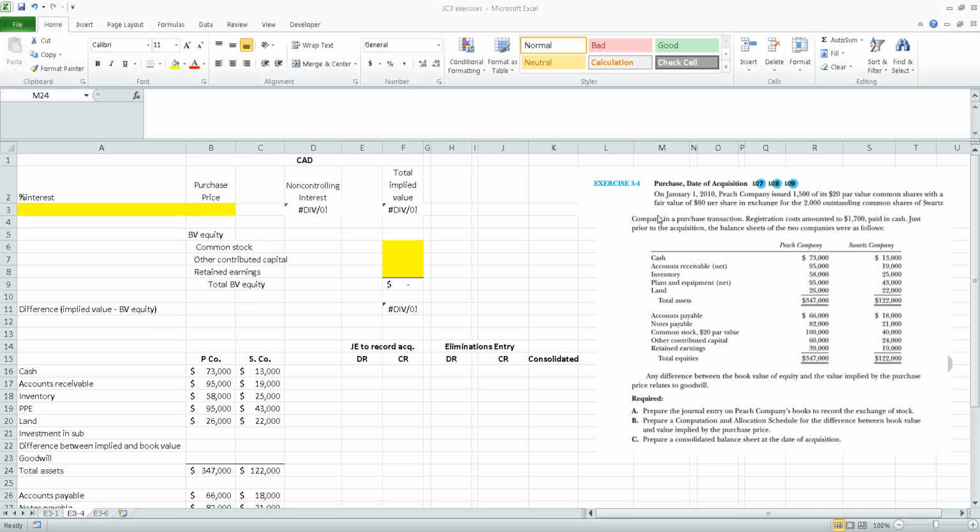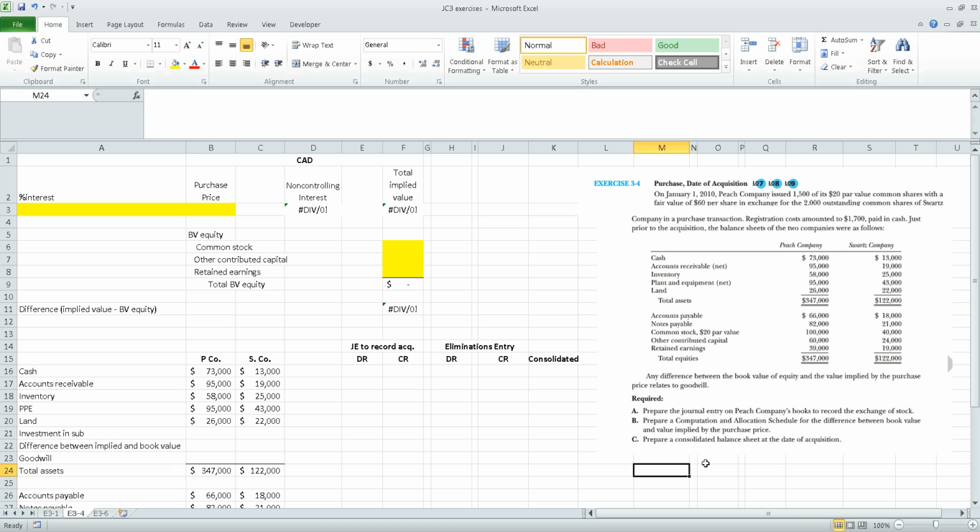So the facts are, on January 1st, 2010, Peach Company, the acquiring company, issued 1,500 of its $20 par value common shares that had a fair market value of $60 per share. They issued those shares to the shareholders of Schwartz Company as the purchase price paid for the 2,000 shares of Schwartz stock that were owned by Schwartz's shareholders.